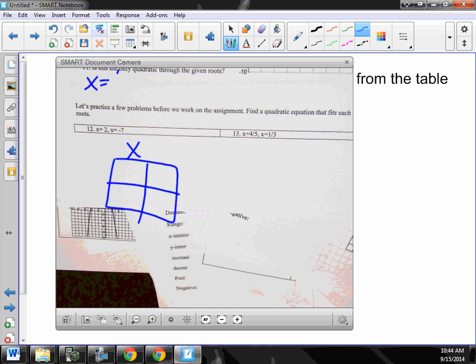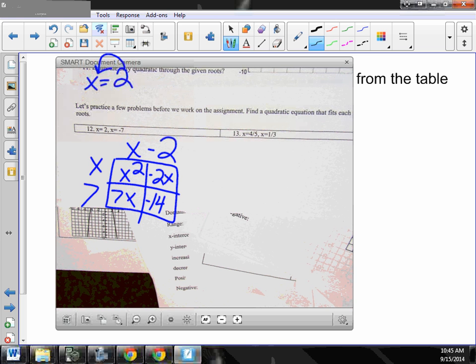If I have x equals 2, I need to move this over. How do you move a positive 2 to the other side? You subtract. So x minus 2, and the other one would be x plus 7. So now x squared, x and negative 2 make negative 2x, x and 7 make 7x, 7 and negative 2 make negative 14.